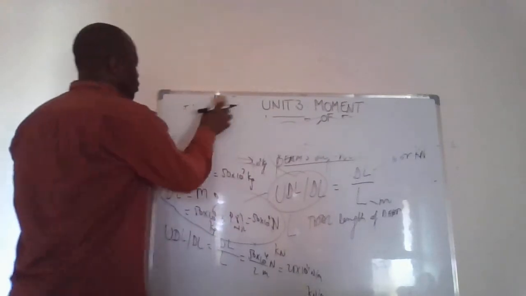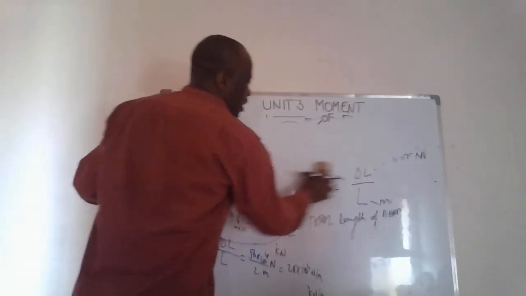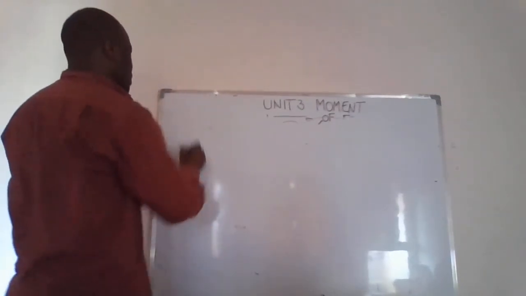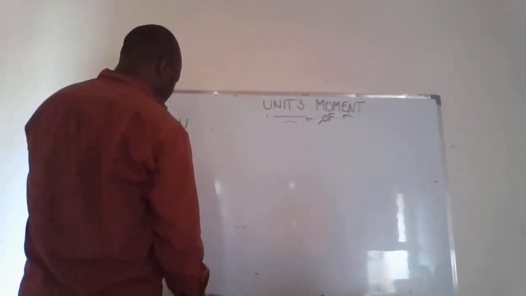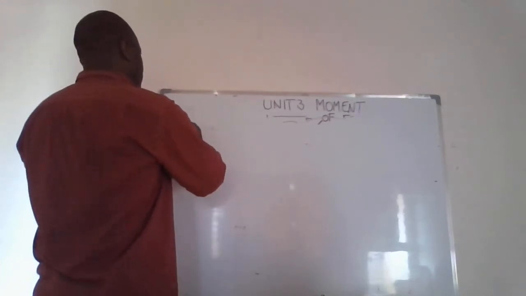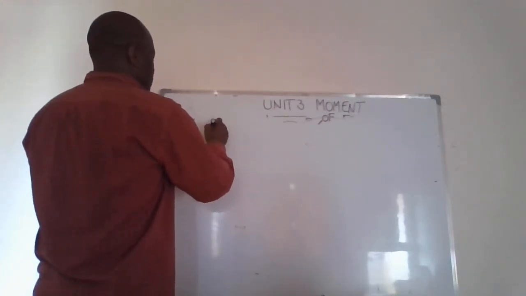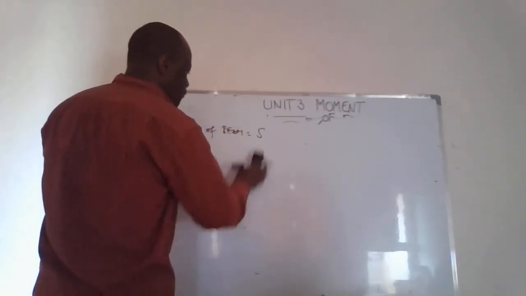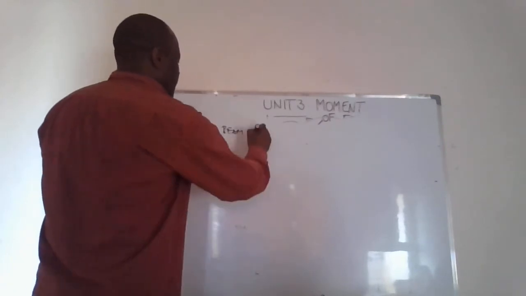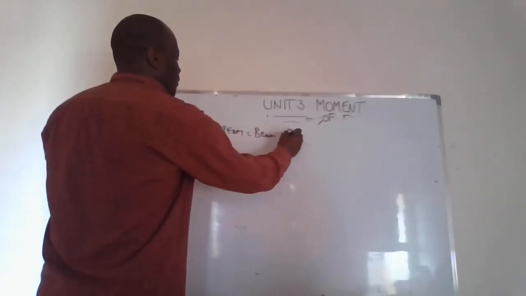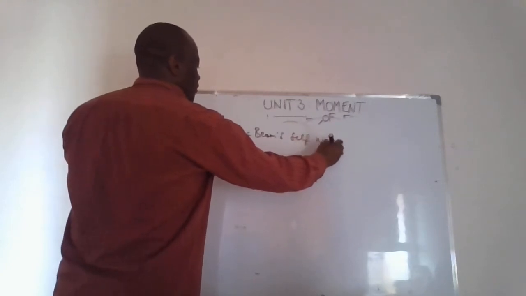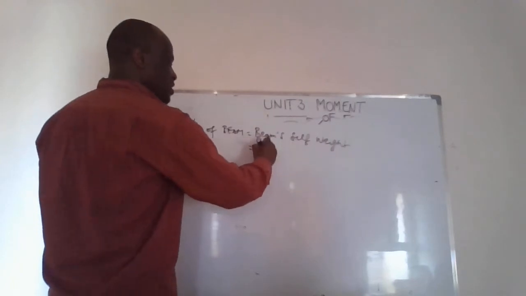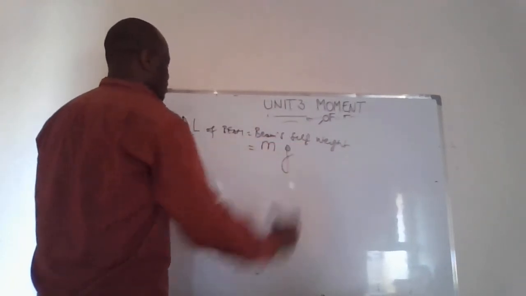Now, a quick recap. The dead load of a beam is known as the beam's self-weight. We call it dead load, and the self-weight of any object is the mass times g.